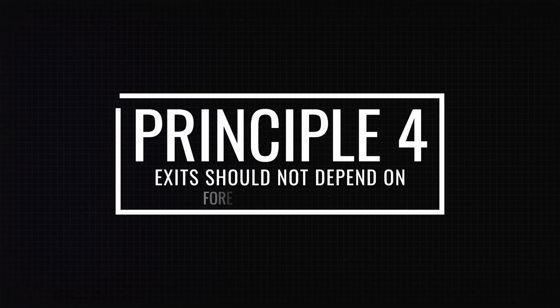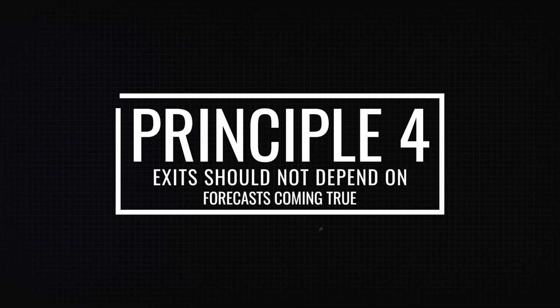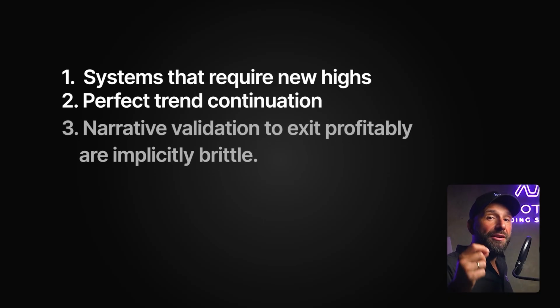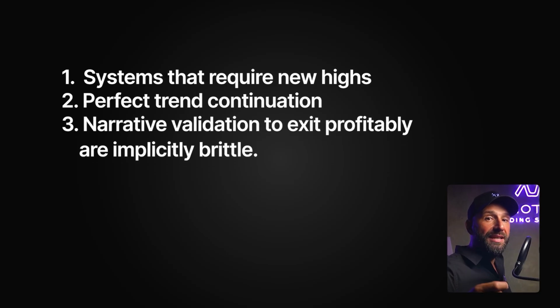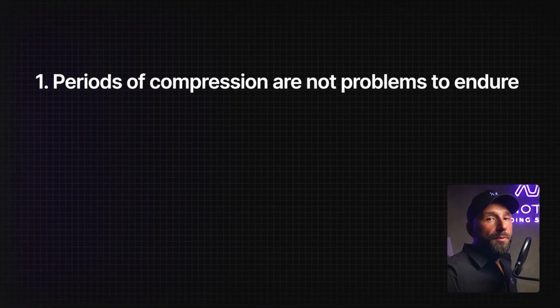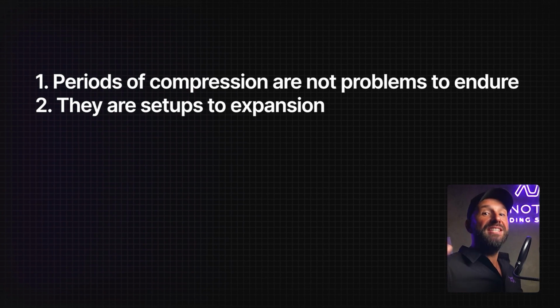And the next one is that exits should be paid by volatility, not correctness. Just as entries should not depend on being right, exits should not depend on forecasts coming true. Systems that require new highs, perfect trend continuation, or narrative validation to exit profitably are implicitly brittle. A more durable approach treats volatility itself as the source of returns. Periods of compression are not problems to endure, they are setups for expansion.